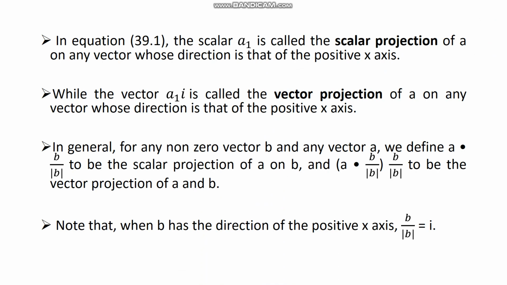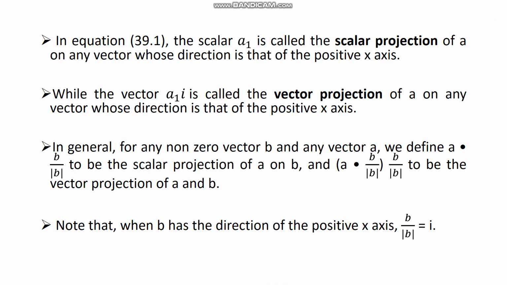In equation 39.1, the scalar A sub 1 is called the scalar projection of A on any vector whose direction is that of the positive x-axis, while the vector A sub 1 i is called the vector projection of A on any vector whose direction is that of the positive x-axis.